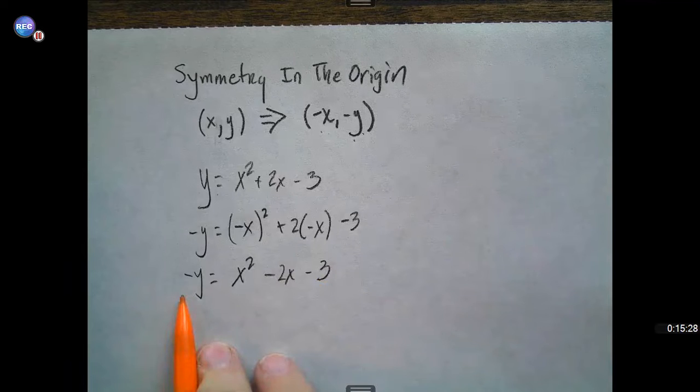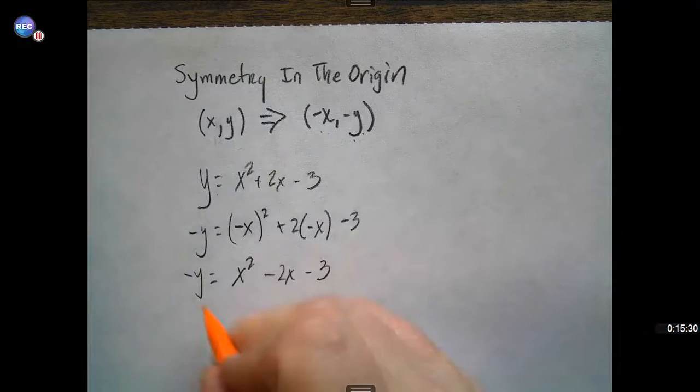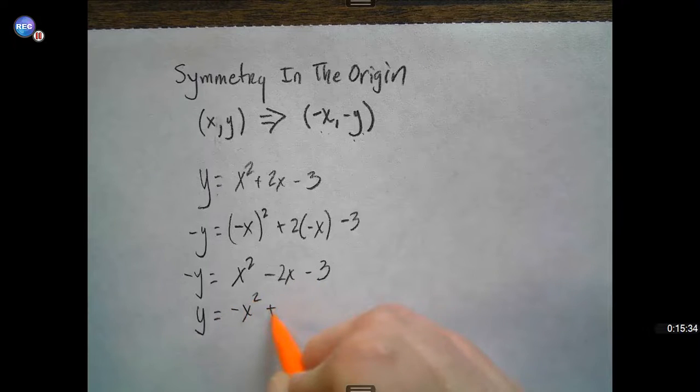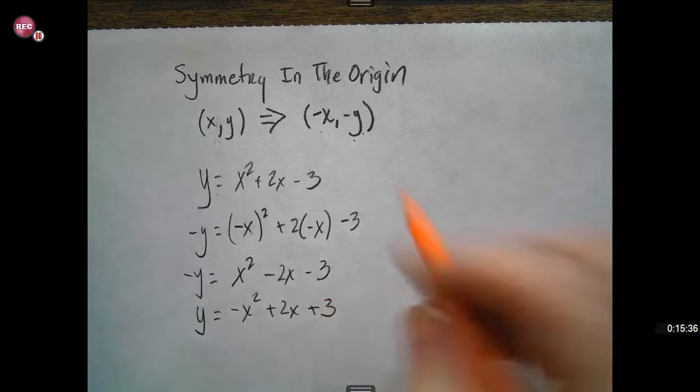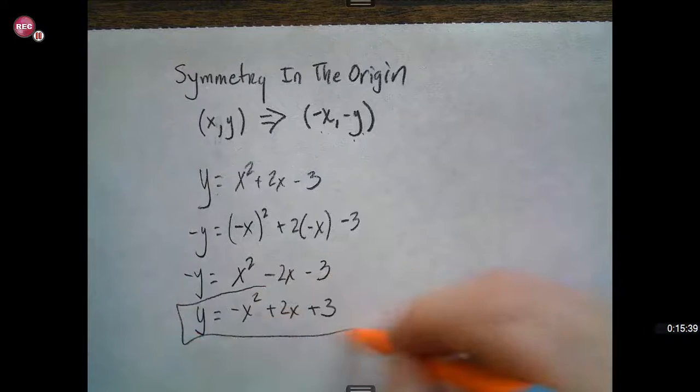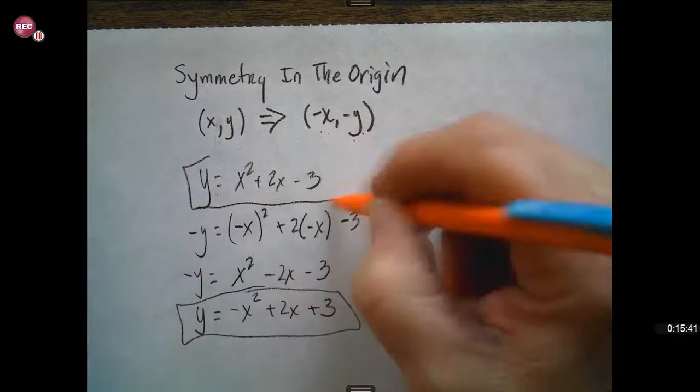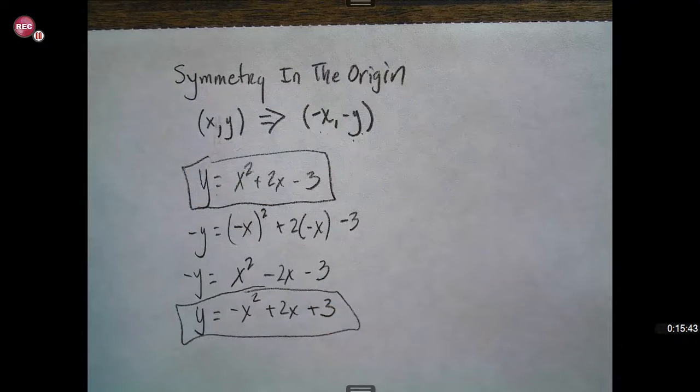And then if I get rid of this negative on the y, I get minus x squared plus 2x plus 3. And obviously that and that are not the same. So as far as this function having symmetry in the origin, it does not. But I can reflect it about the origin.